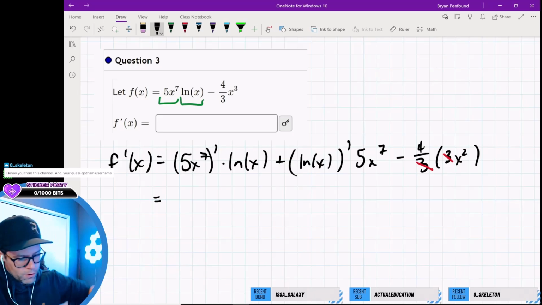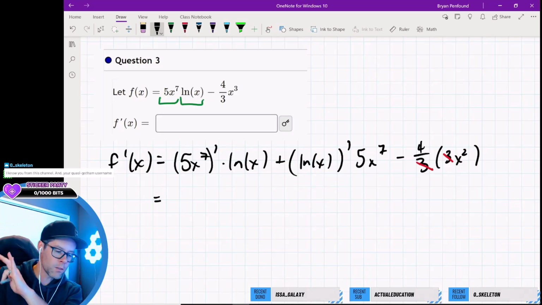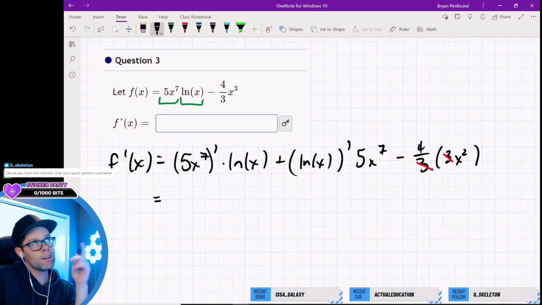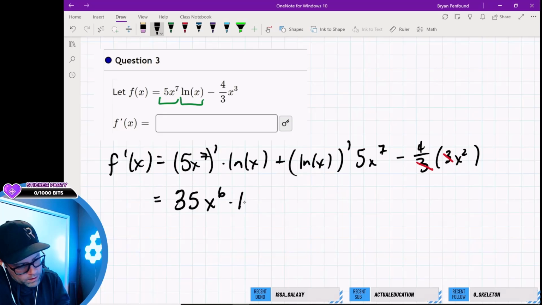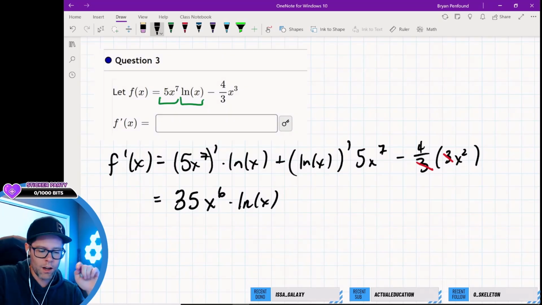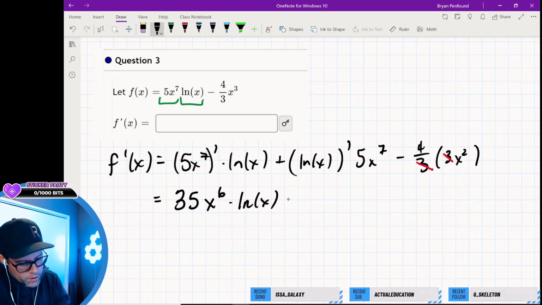Now, let's go through, fill in the derivatives of the two pieces we need. So 5x to the 7, that's going to be 5 times 7, 35. So 35x to the 6 ln x. The derivative of the natural logarithm is 1 over x. So this is going to become 1 over x times 5x to the 7.